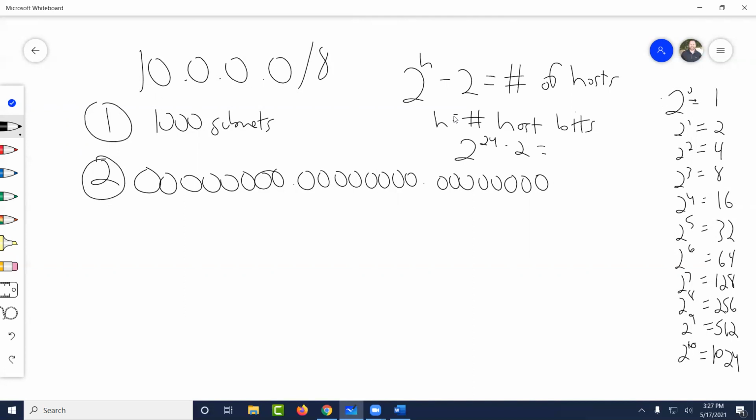Okay. Not very useful for most networks. So we need 1,000 subnets. We're going to do step 2, write out our 24 host bits. Step 3, we're going to use our formula, 2 to the n equals, and we need it to equal at least 1,000. So what does n need to equal for us to get at least 1,000 subnets?